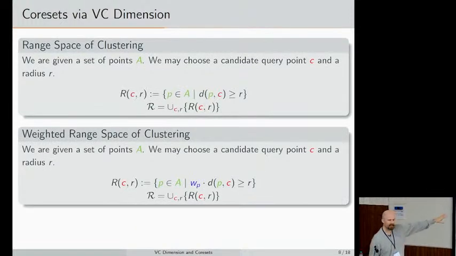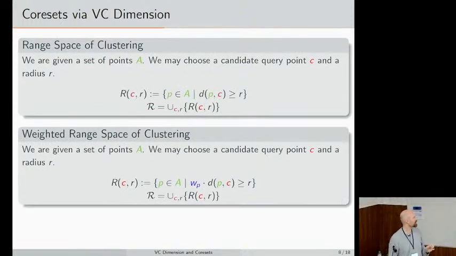To contrast the difficulty by just considering this weighted range space, the difference lies in the fact that if I assign different weights to the points, what I need to show is that the VC dimension of this weighted range space is bounded. And it's really not difficult to show that ranges that were not present previously are now present.